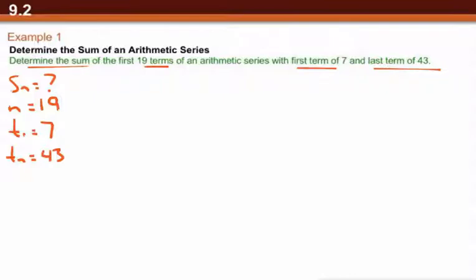We don't know what this series goes up by each time. We don't know if it goes up by 2s or 3s or 5s or anything. But we do know what it ends with. So that allows us to use this formula.